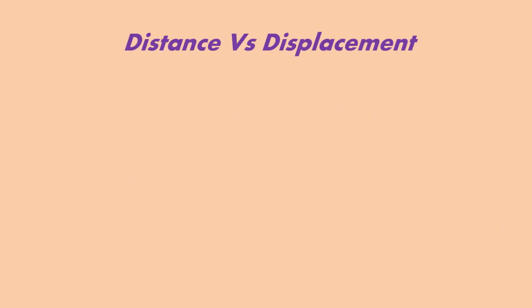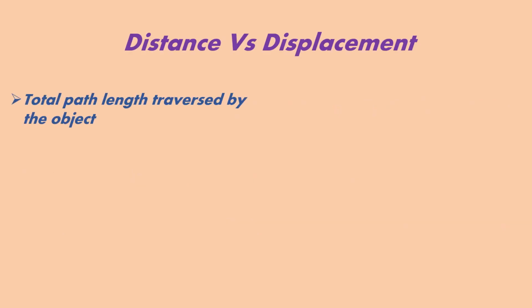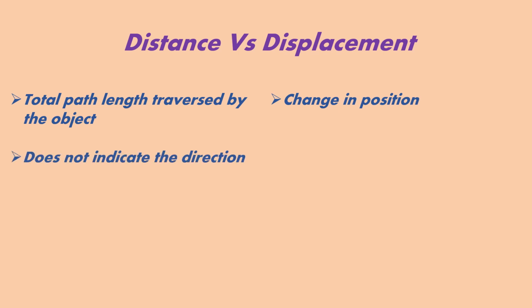The distance is defined as the total path length traversed by the object, whereas the displacement is defined as the change in position. Distance does not include the direction of the object, meaning it only gives you the total path length, whereas displacement indicates the direction.